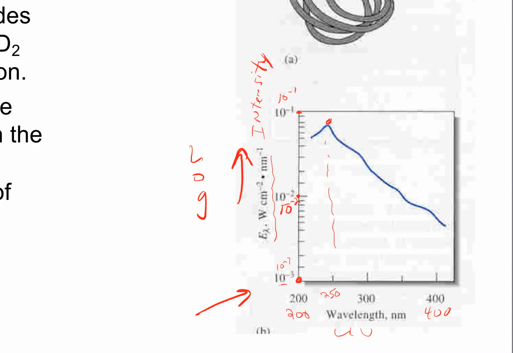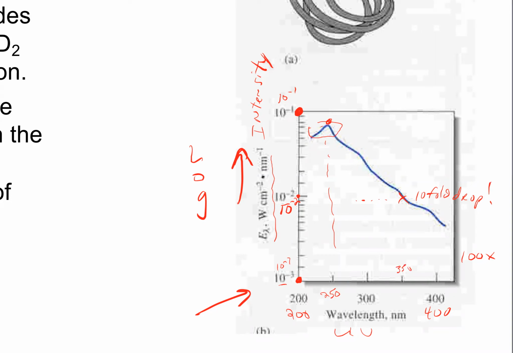So this scale from the very top to the very bottom is about a 100-fold difference in brightness. Think about that for a second. If we go from up in this region down to here, that's a 10-fold drop in the output intensity from about 250 to about 350 nanometers.